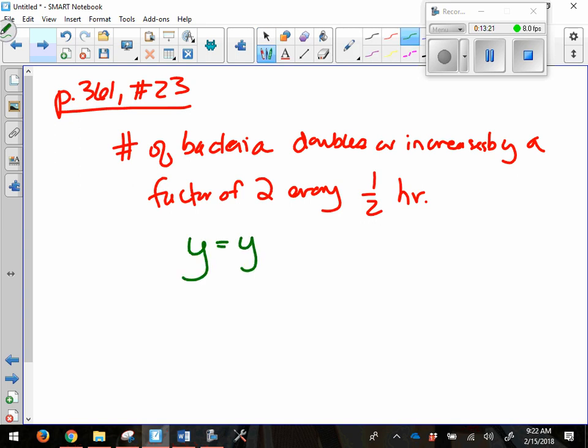So an alternate formula here is y equals y0, which is the number of bacteria we started with at the beginning, times some other base b raised to the ht.